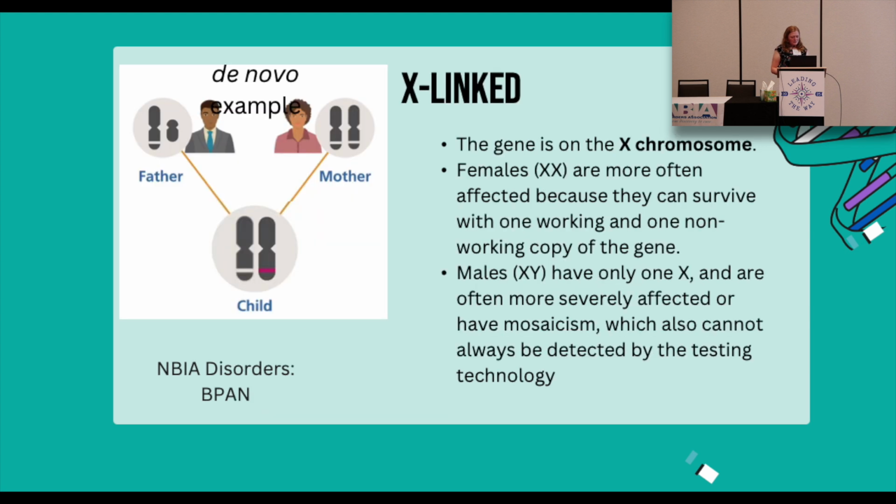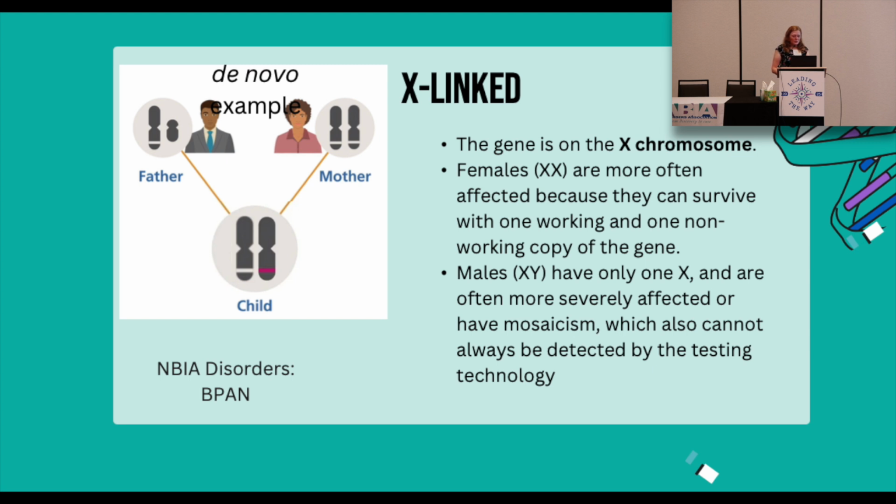The next example is X-linked, which is BPAN. So when we're looking at sex chromosomes, males typically have one X and one Y, and females typically have two X's.